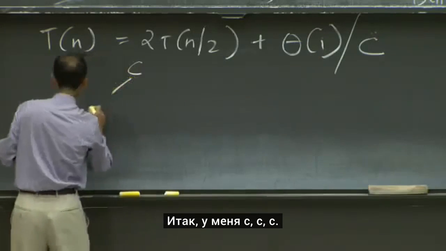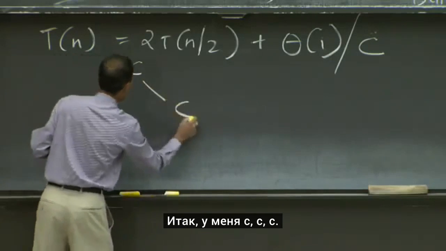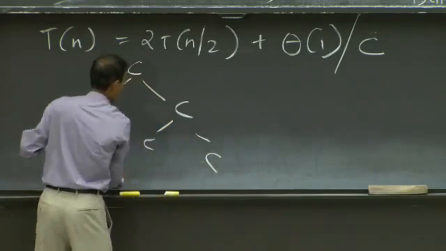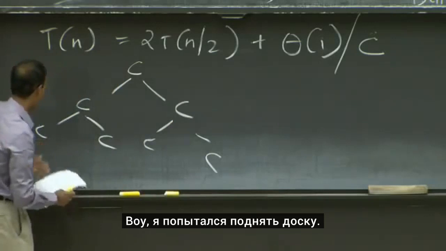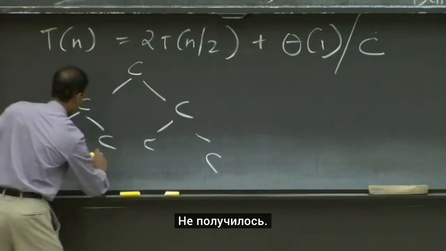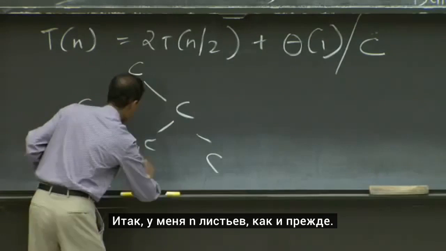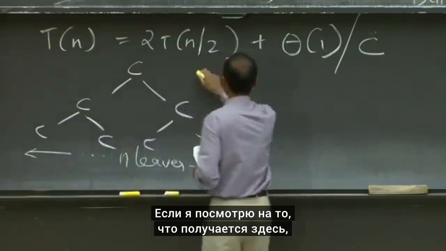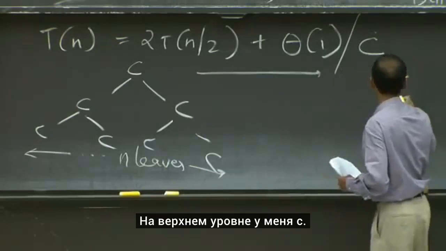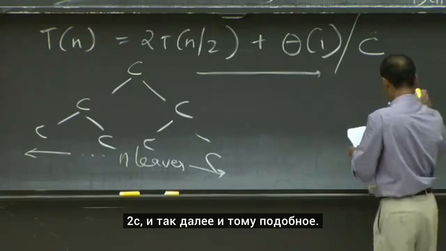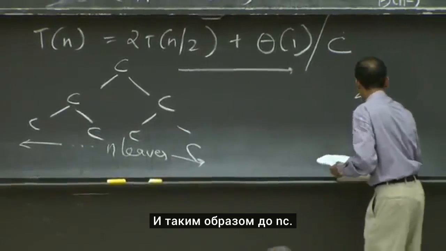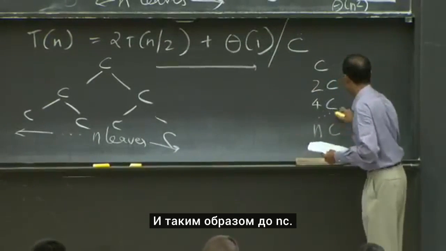So I have c, c, c, and whoa, I tried to move that up. That doesn't work. So I have n leaves as before. If I look at what I have here, I have c at the top level, 2c, and so on and so forth, 4c, and then I go all the way down to nc.